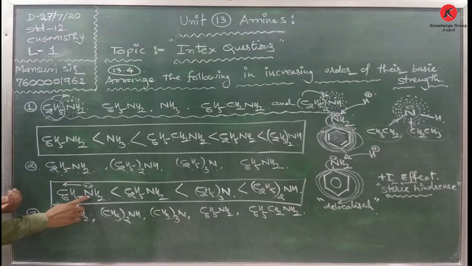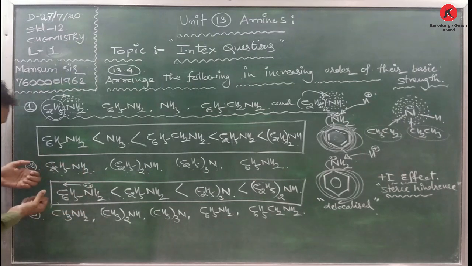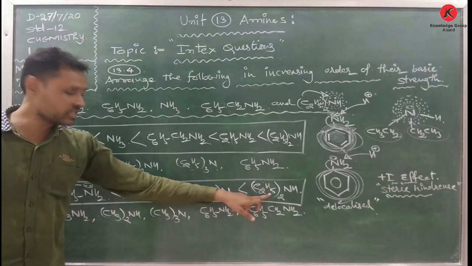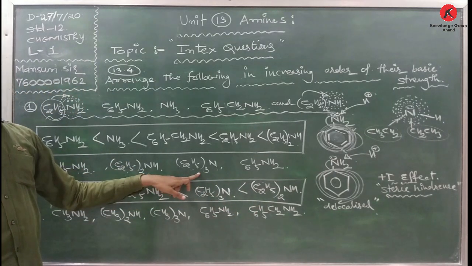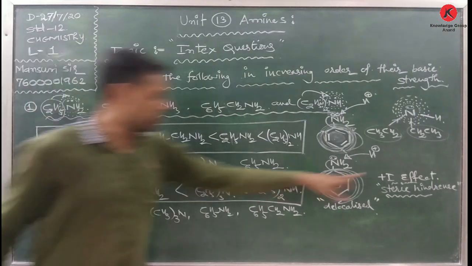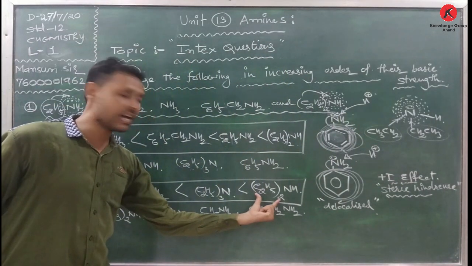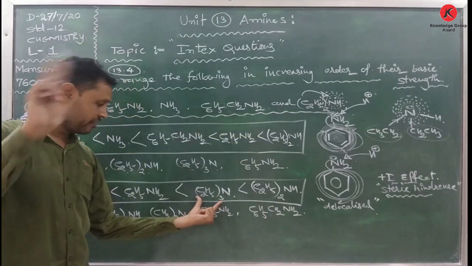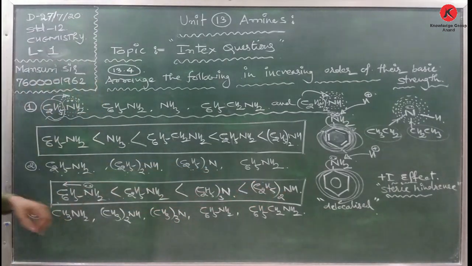The lone pair electron on nitrogen will be attracted toward the benzene ring. That is why this will be least basic. Now among these three, primary, secondary and tertiary amines show plus I effect as well as steric hindrance. That is why diethyl amine shows more basicity than triethyl amine, which is more basic than ethyl amine. So we have to write in this manner.